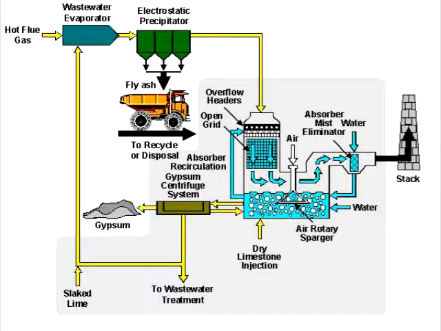Another device that's used is called a scrubber, which you can also see in this illustration. It uses a spray of water to help cleanse materials out of exhaust air, often in association also with limestone, which can be used to help pull materials out of exhaust air as well.